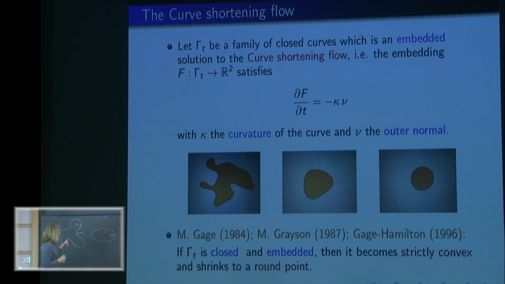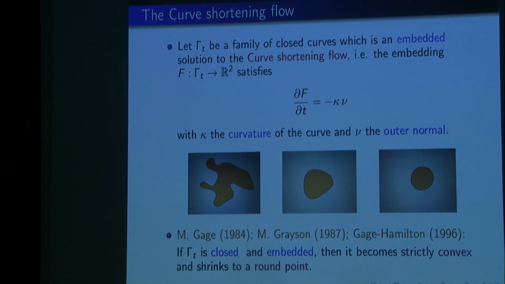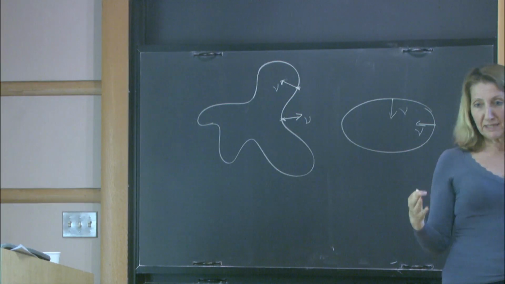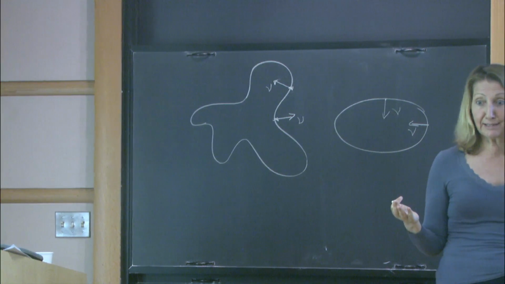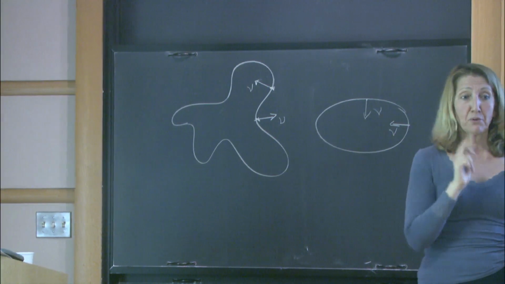And so why do we need this orientation? Because if, let's say, you have a convex curve, if you move outward, you can say, okay, I define a flow that moves outward. But then it turns out that when you write it as a PDE, which is almost like a heat equation, you pick up the wrong sign.